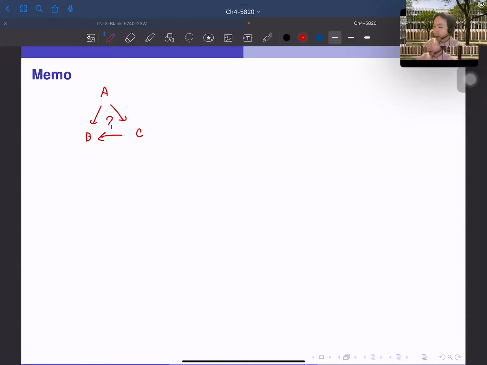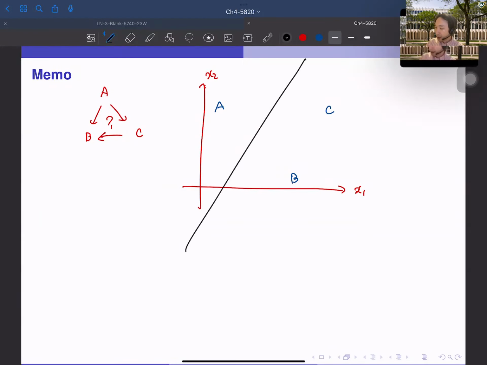Suppose we have three categories and two predictors, x1 and x2. Category A is like this, B is like this, and C is like this. These are typical realizations of x1 and x2 for the three categories. Then we need a separating line between A and B, B and C, and A and C. Suppose A and C are separated like this, A and B like this, and B and C like this.